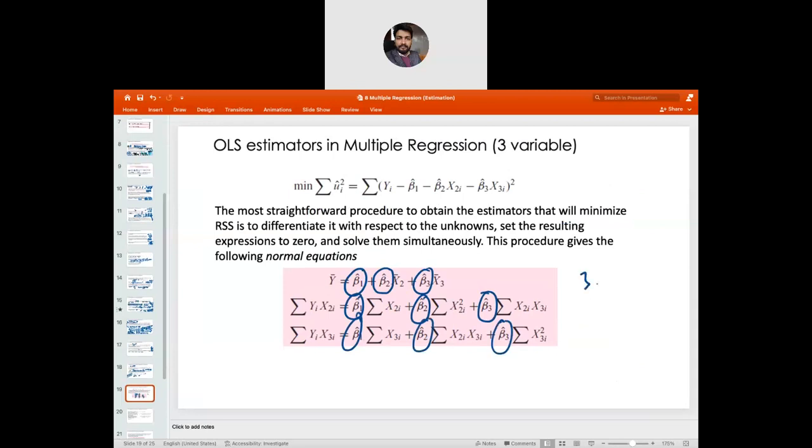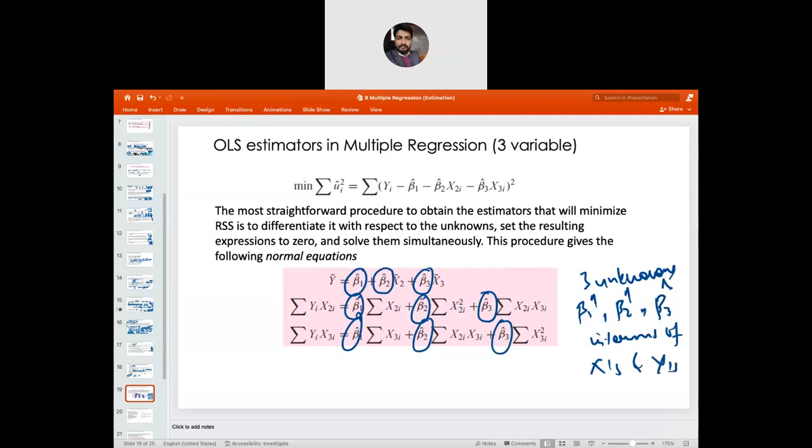Three unknowns, beta 1 hat, beta 2 hat, beta 3 hat, in terms of x's and y's, right? All others are x's and y's: Y bar, x bar, summation x2, summation x3, summation x2 squared, summation x2 times x3, summation y times x2, summation y times x3.